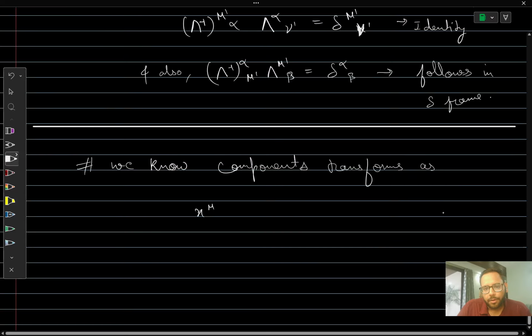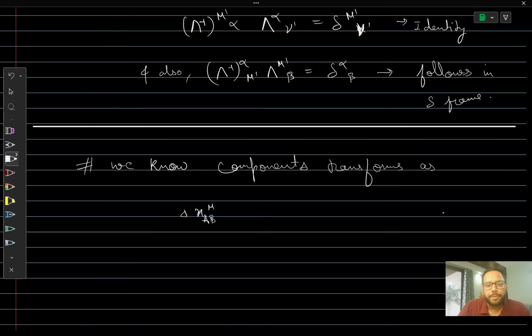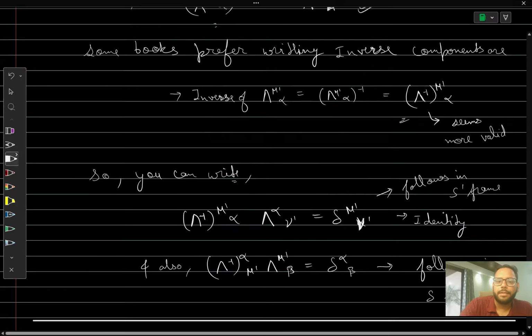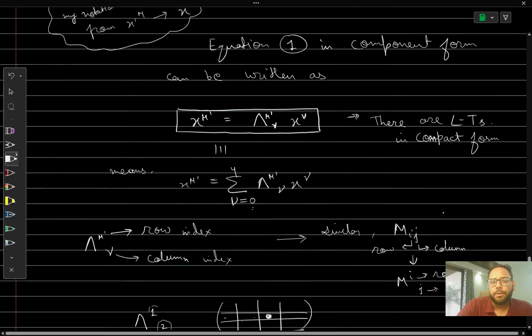We call it a displacement vector. It is a contravariantly transforming displacement vector, and it has both primed axis and unprimed axis like this, and another AB displacement vector. You can write all of these in the displacement form.